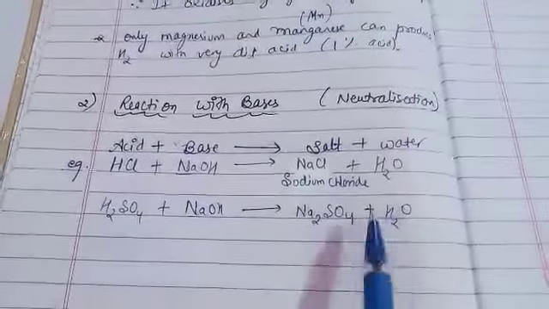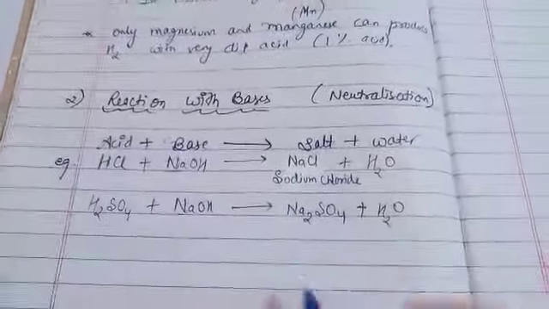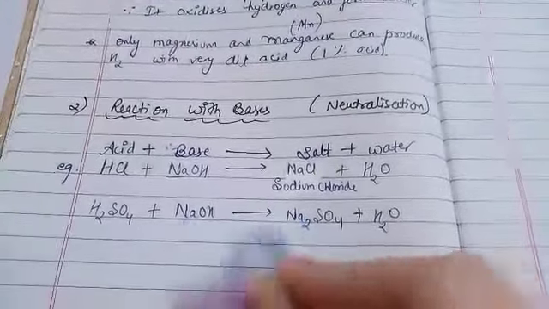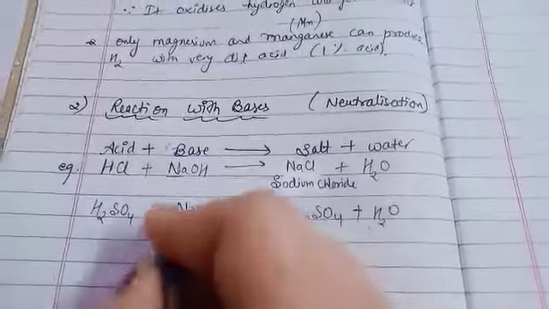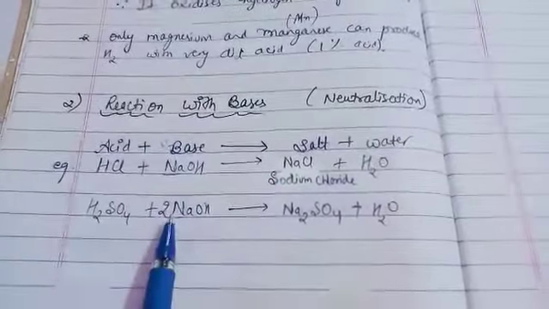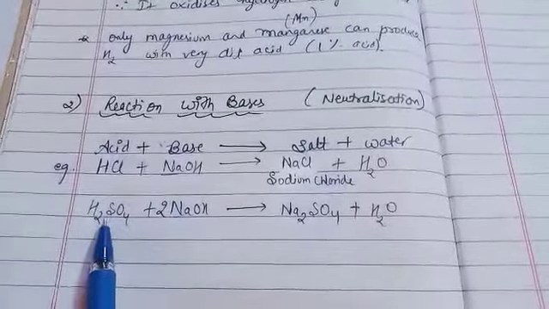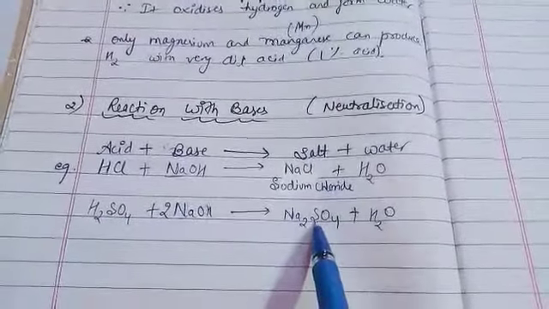Now just check, this reaction is not balanced. Balancing is your work also. You have to balance it because you know how to balance. Sodium is 2 here, here also 2, so multiply this with 2. After this, see another element, sulfur. Sulfur is 1, here also 1.